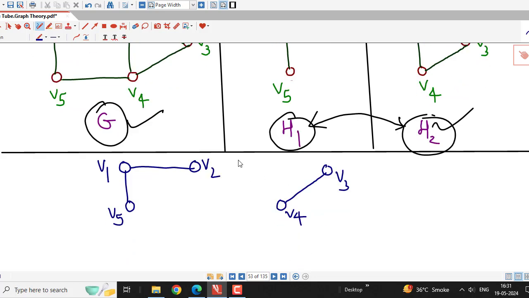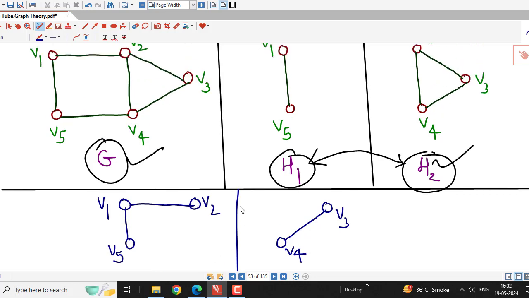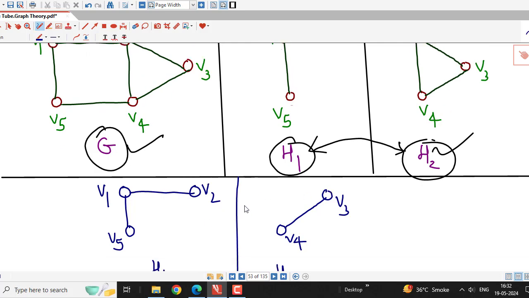So this is another pair of vertex disjoint subgraphs. Suppose I denote this by H1 and this by H2, then we can see that no vertices are common in H1 and H2, therefore these two are vertex disjoint subgraphs, and we can see there is no edge common also, so these are edge disjoint subgraphs also.